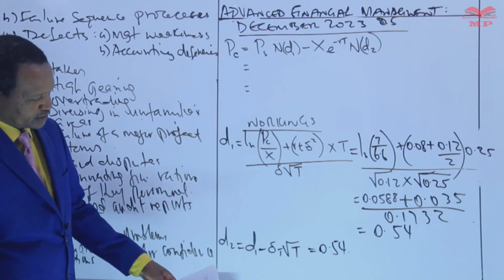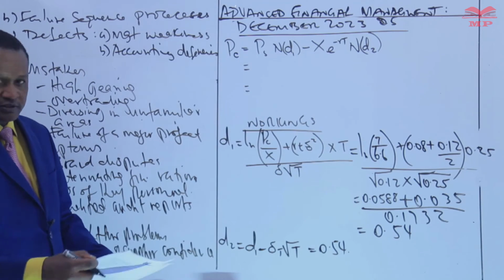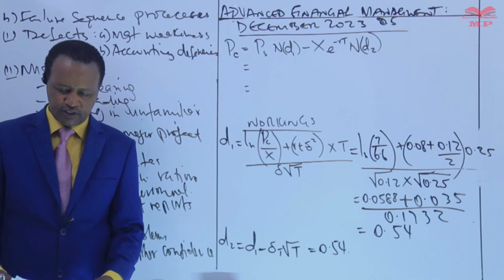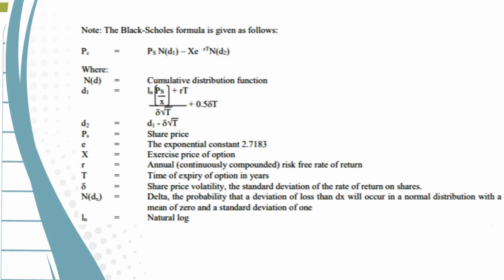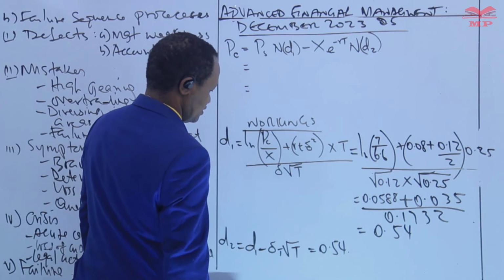Yeah, the formula is given here. D2 is equal to D1 minus the standard deviation times the square root of T.